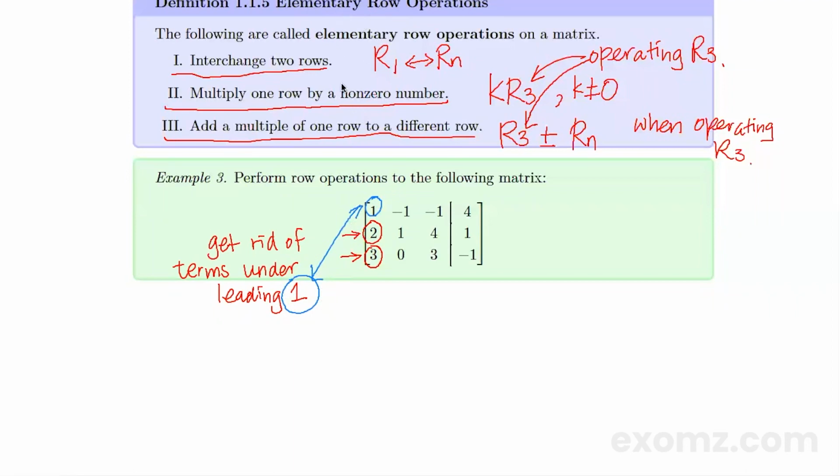So for the first step, we can use row 2 minus 2 row 1 to get rid of the 2. And we can do the same thing for row 3. Instead of subtracting 2 row 1 for row 3, because our first term is 3, we subtract 3 row 1. That will give us the following matrix.